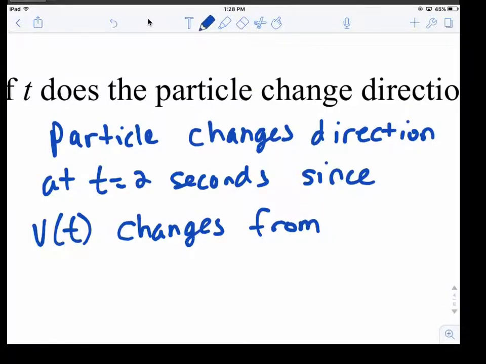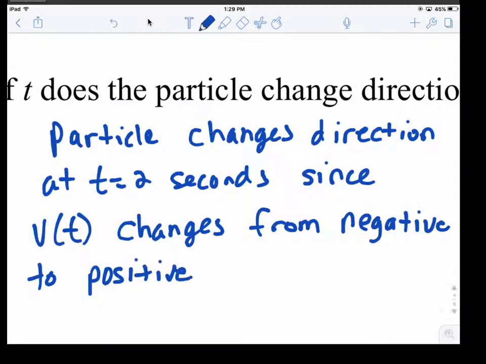Negative to positive at t equals 2 seconds.